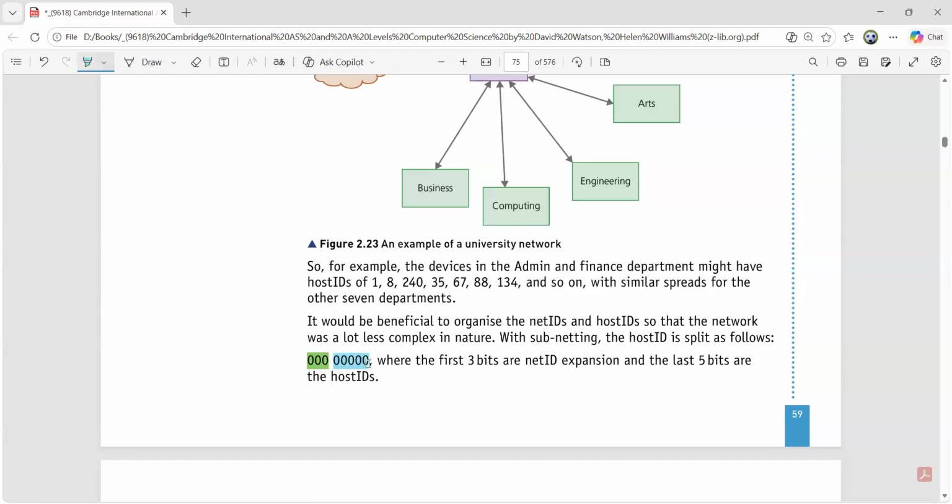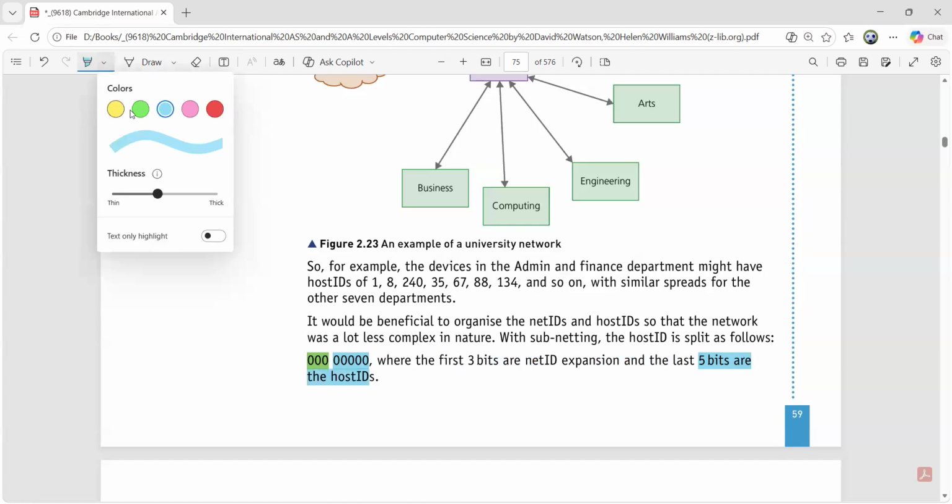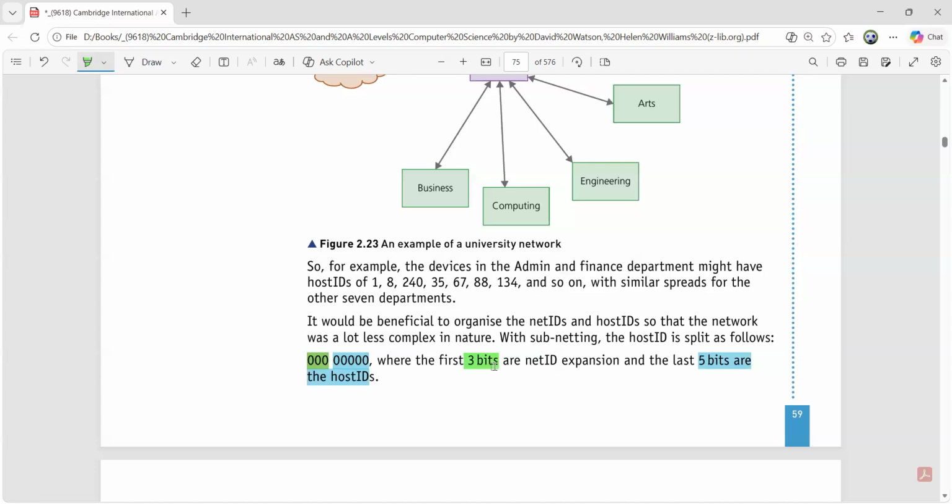The first 3 bits are net IDs and the last 5 bits are the host IDs. Just remember CIDR whenever we are studying this, to make the concept clear that this is subnetting. We are bifurcating, dividing our normal address into something else.